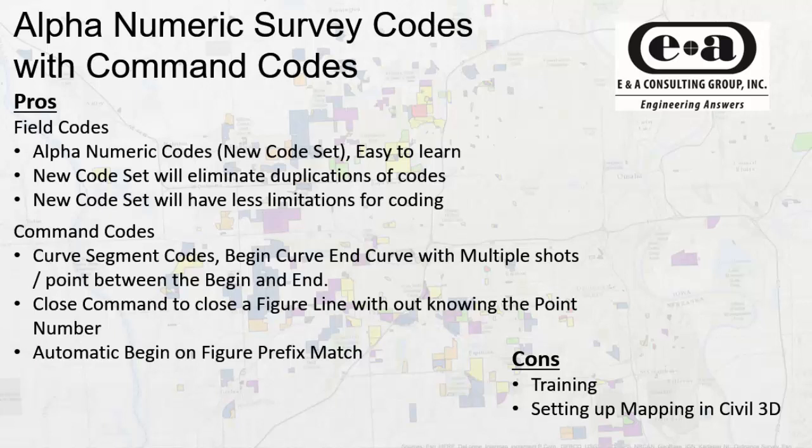So the next thing we're going to look at here is command codes. Curve segmental codes: you can begin a curve and end a curve with multiple shots in between. For example, we've got a curved sidewalk and we want to shoot that every 25 feet, and it's nicely winding around the site.